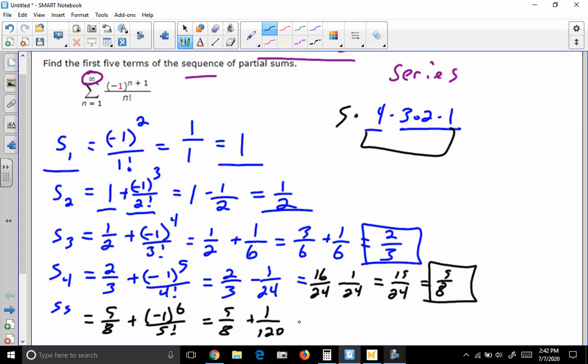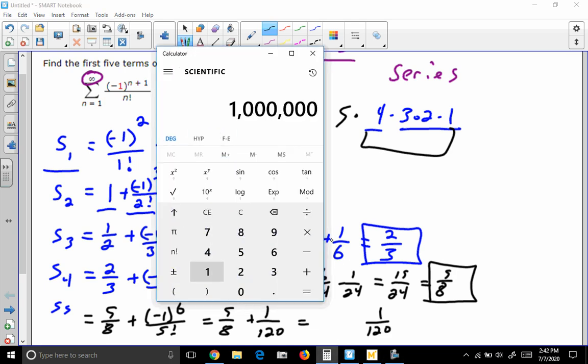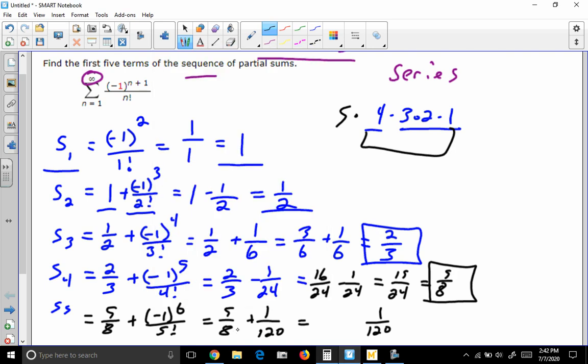We'll get a common denominator there, which will be 120, I believe. 120 divided by 8 is 15. So we need to multiply 8 times 15 to make that a 120 on bottom. So that'll make that a 75 over 120.